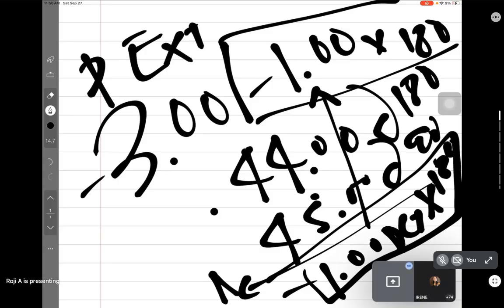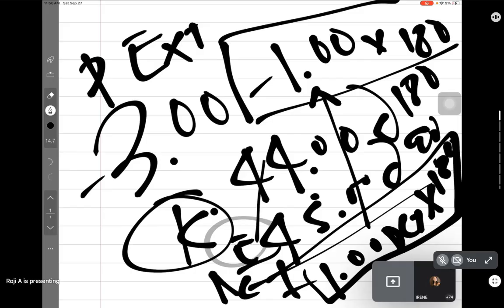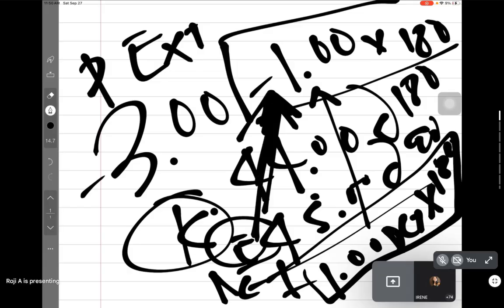Is that clear? Why? Because my K reading, which is my corneal reading, the corneal curvature, which is my external, is evident in the manifest.